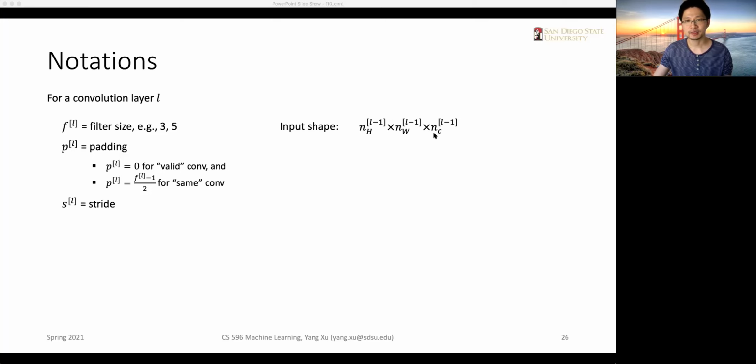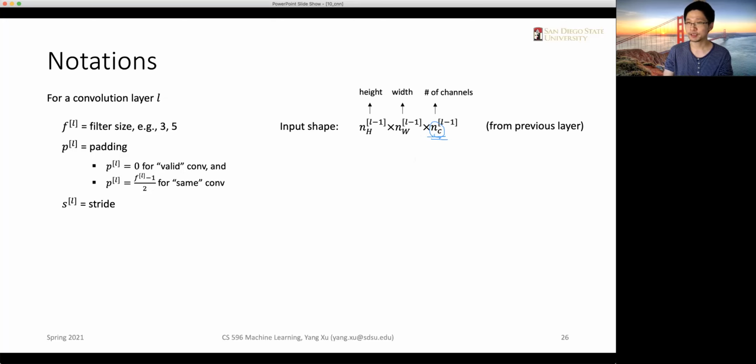This N_C here is critical. It's the number of channels, where C is for channel. N_C is the number of channels from the previous inputs, so it decides the shape of the filters in this layer.